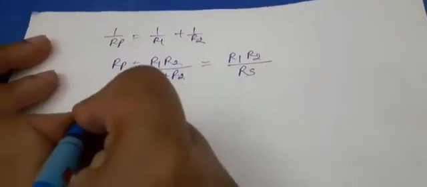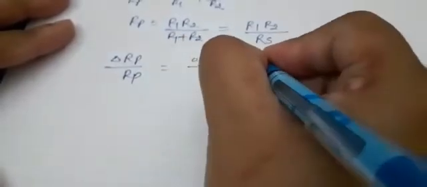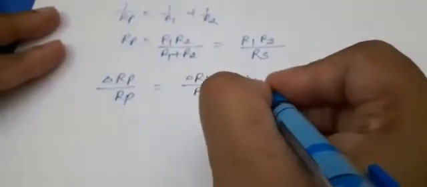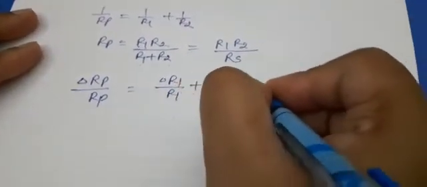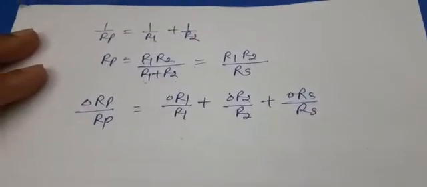Now apply the error combination result. First of all, we will find the relative error in RP. So it is del R1 upon R1 plus del R2 upon R2 plus del RS upon RS. See, the calculation will be simple.